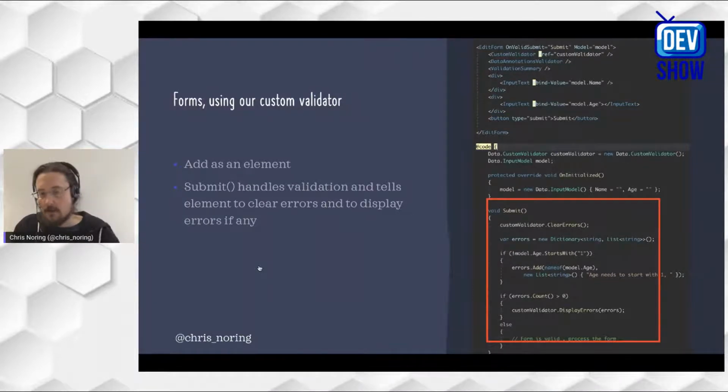And here's a nice little error message so the user understands how to fix this. And one of the last things I do, if I have errors.count larger than 0, that means I have already put X number of errors in here, I end up calling display errors on my custom validator, which, as we knew, notified the edit form.